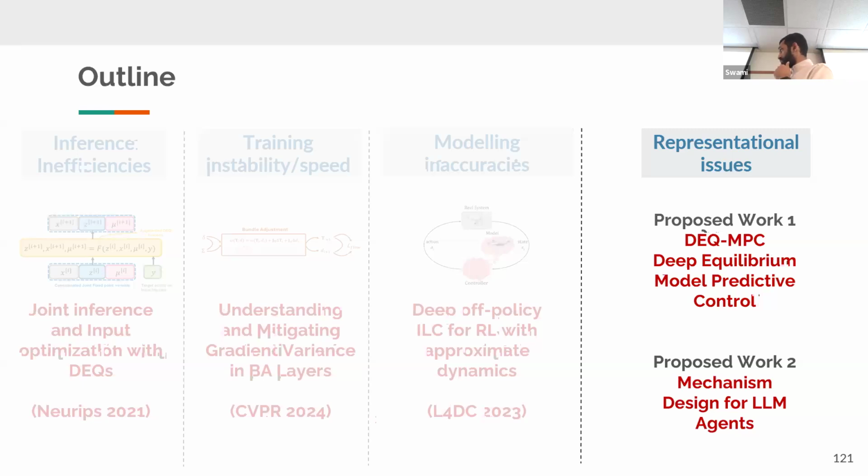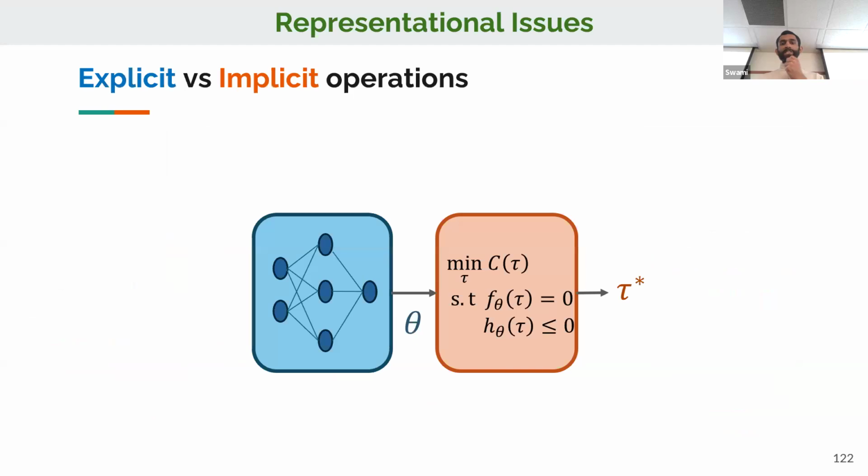And finally, moving on to some proposed work, we'll specifically be looking at representational issues that crop up when you add optimization problems within differentiable pipelines. Specifically, the problems here arise from the fact that some of these operations, for example, within the optimization layer, are inherently iterative and implicit, whereas the rest of the network tries to single shot infer the parameters theta using explicit operations.